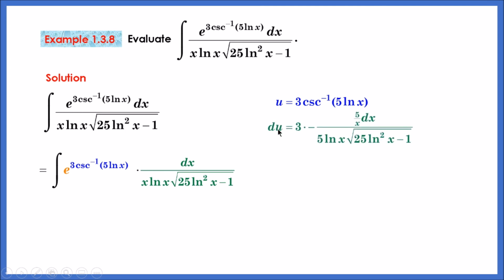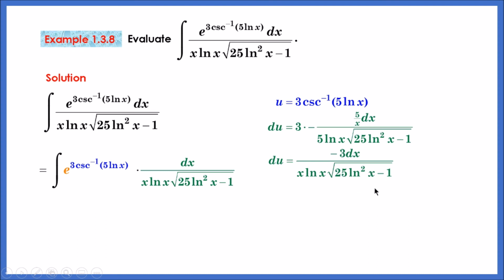Let's check its du if this is really the du. Getting the differential of u, we get 3 times negative 5 over x dx all over 5 ln x square root of 25 ln^2 x - 1. Simplifying, 5 is cancelled, so we have negative 3 dx over x ln x square root of 25 ln^2 x - 1.